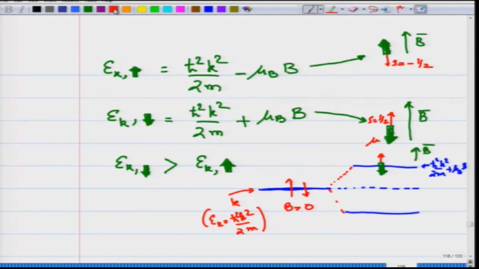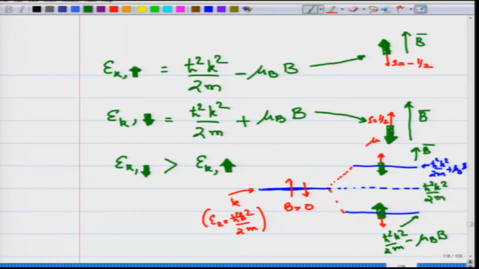And similarly, the down state has spin down, but the magnetic moment is pointing up. And this has an energy which is h cross square k square by 2m minus mu B into B, and this is h cross square k square by 2m.